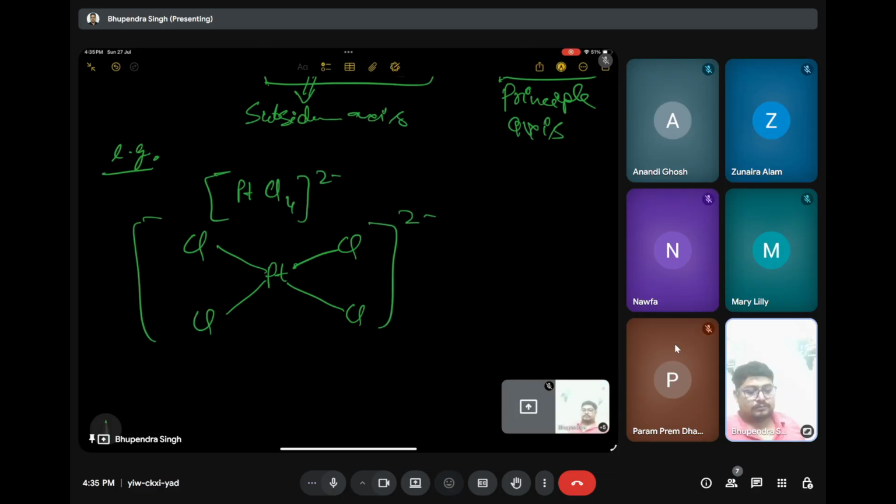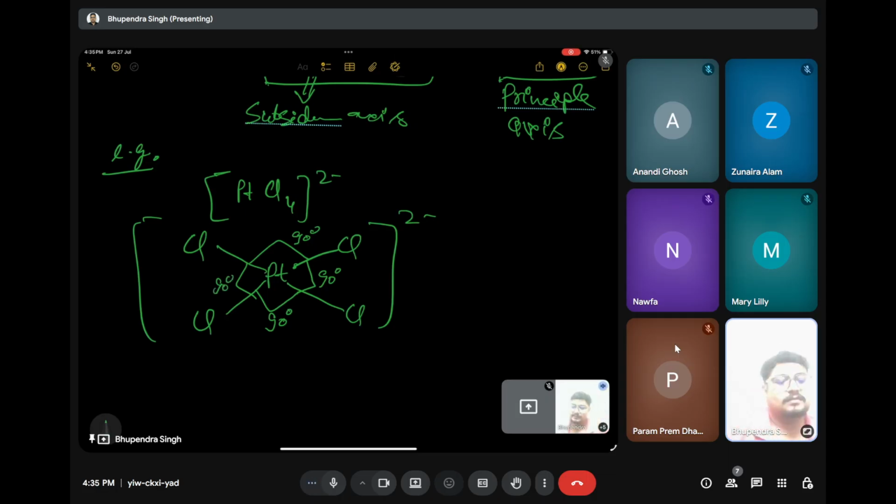Maybe my drawing is not that perfect, but if you look closely, these angles are 90-degree angles. Again, this is a planar molecule.